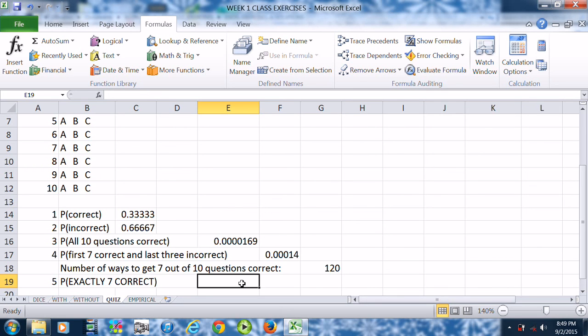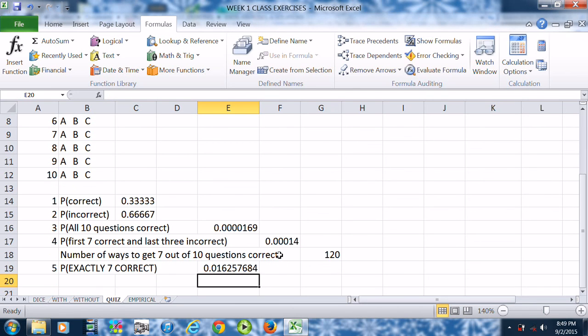So if I want to find the probability of exactly 7 correct, all I need to do is multiply the number of ways to get 7 correct times the probability of any one of those particular ways to get 7 correct. So the probability of exactly 7 correct is 0.016257.